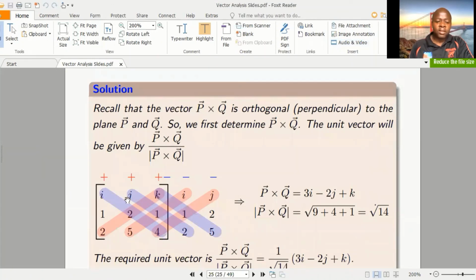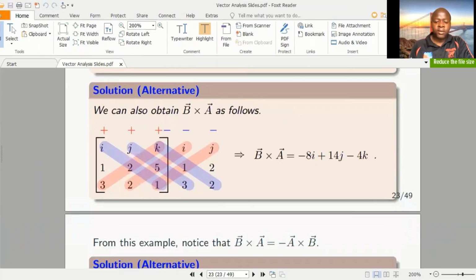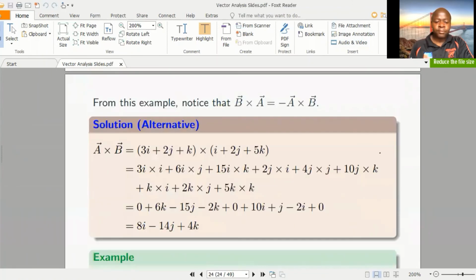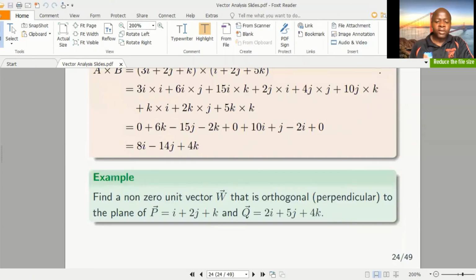So this is i, j, k. These are the coefficients for P, and these are the coefficients for Q. Let's just verify that I put the correct coefficients. For P, I have 1, 2, 1. And for Q, I have 2, 5, 4.